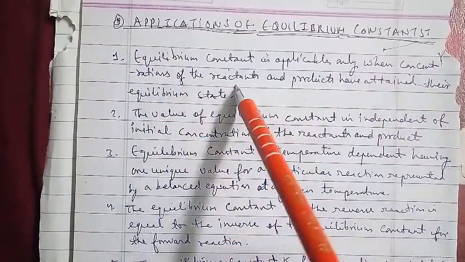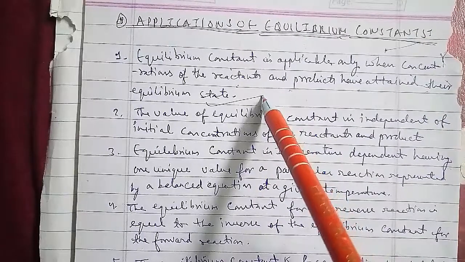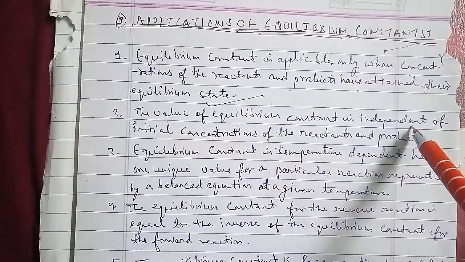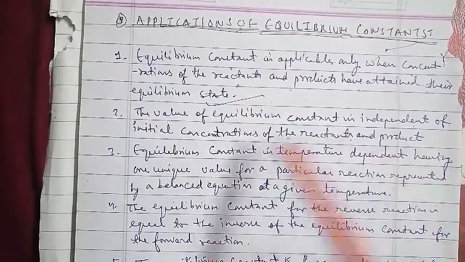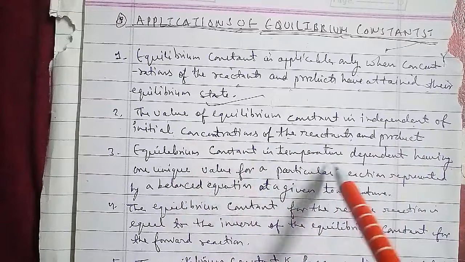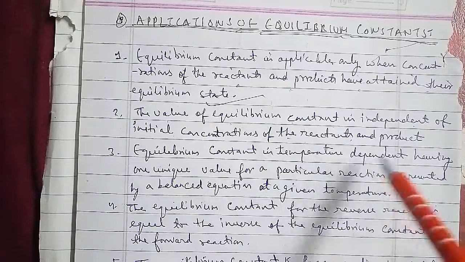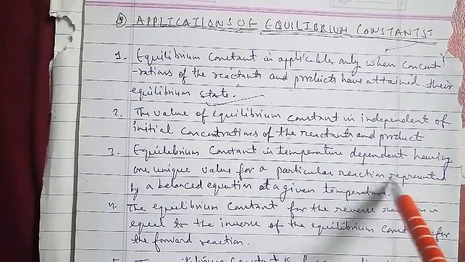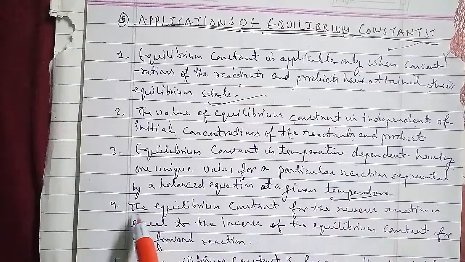The second is that the value of the equilibrium constant is independent of the initial concentration of the reactant and the product. The third is that the equilibrium constant is temperature dependent, having one unique value for a particular reaction represented by the balanced equation at a given temperature. The fourth is that the equilibrium constant for the reverse reaction is equal to the inverse of the equilibrium constant for the forward reaction.